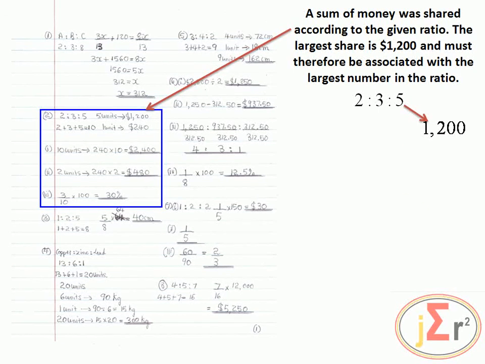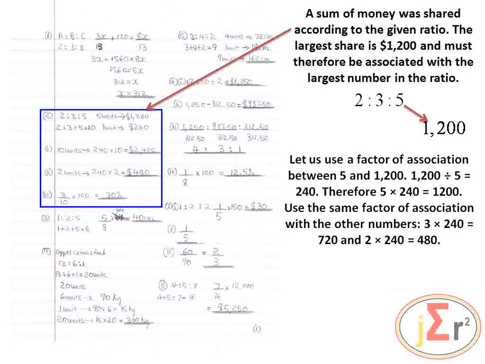Right. We have that sum of money to be shared, and the largest share is $1,200, and see, we are linking that up with the largest number in the ratio appropriately and also sensibly. Let us use a factor of association, which is what we will do well to get a hold of, because it was not used in any extensive way in this tutorial.